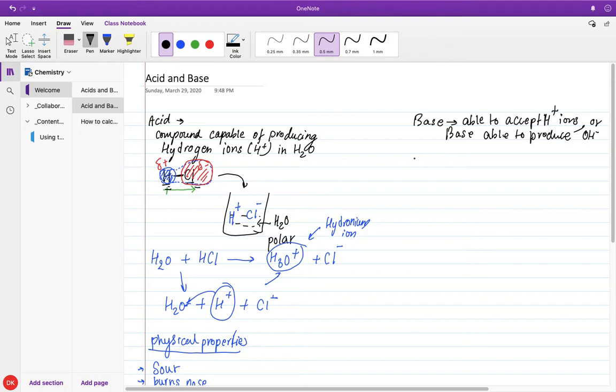For example, let's take an example of ammonia.